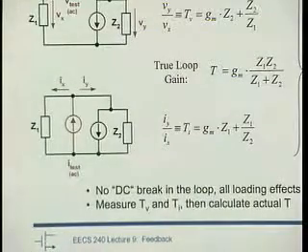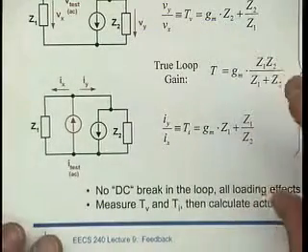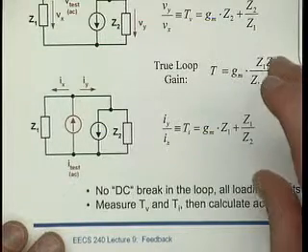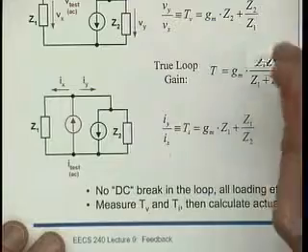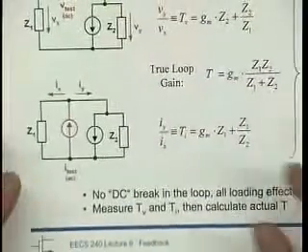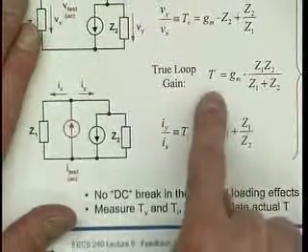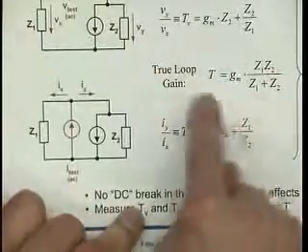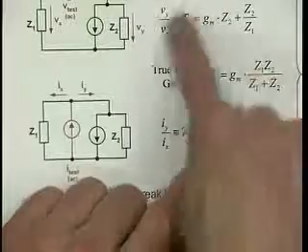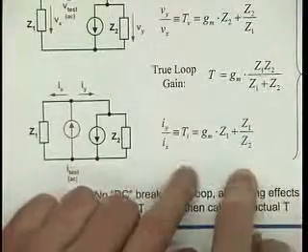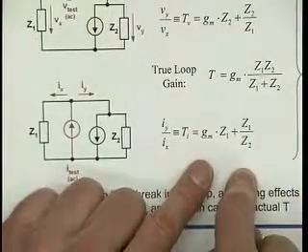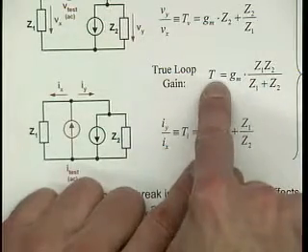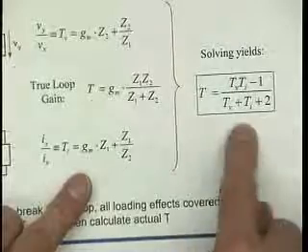So now we have two equations, and we can calculate the true loop gain. From before we know that the true loop gain is this thing, and now we can solve these three equations with three unknowns, GM, C1, and C2, and solve for T. The result is shown here.